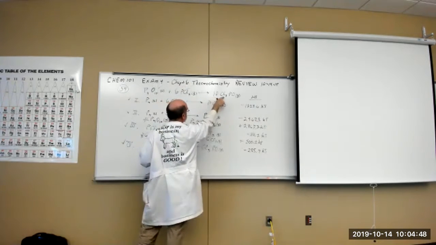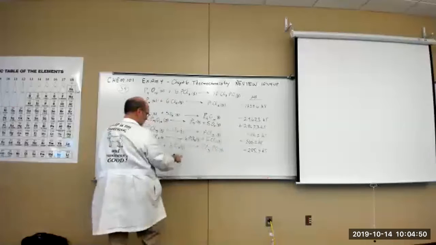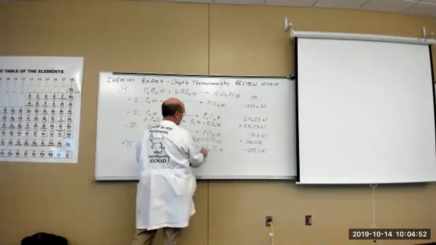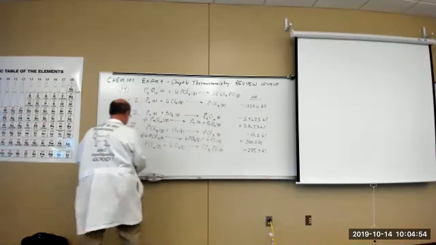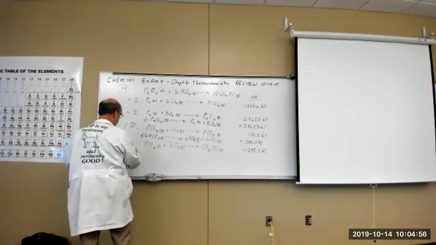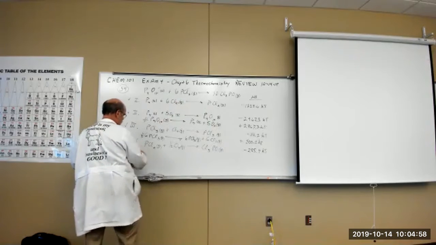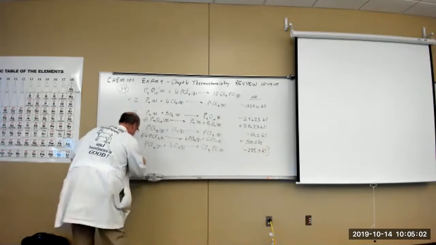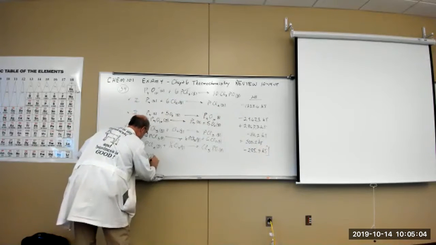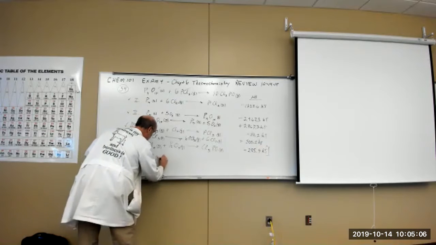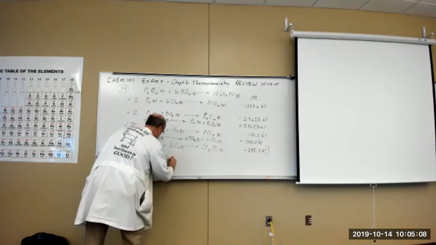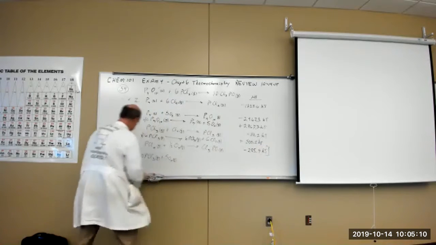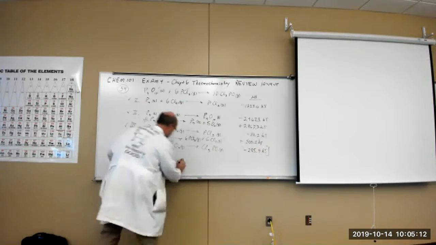Now we need 10 Cl3PO. It's on the correct side, but we need 10 of them, right? So we got to multiply this times 10. And that means 10 PCl3 plus 5O2, right? 10 times a half is 5.